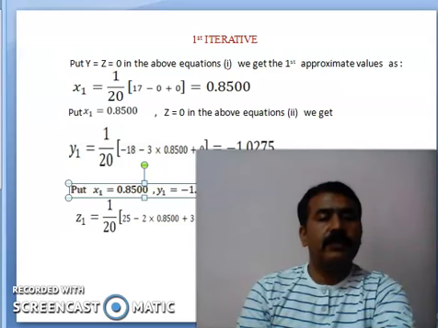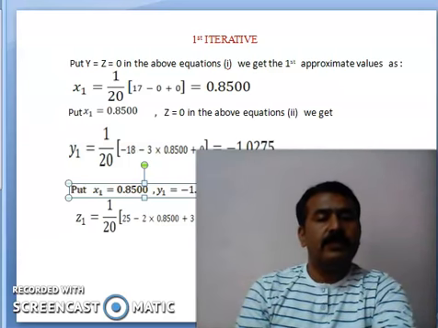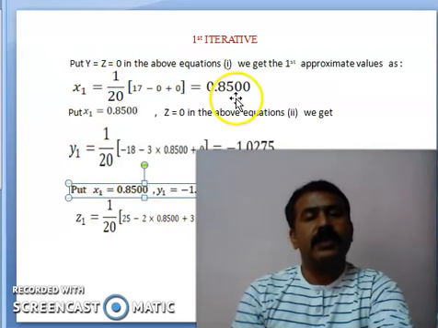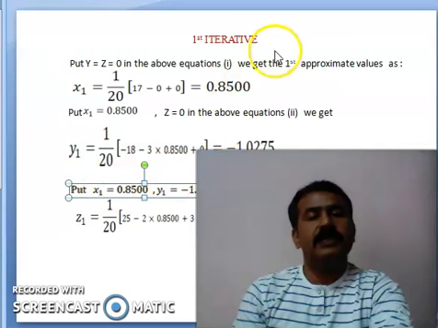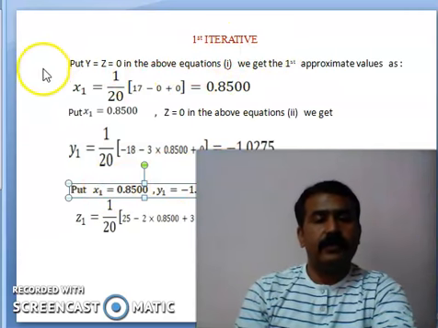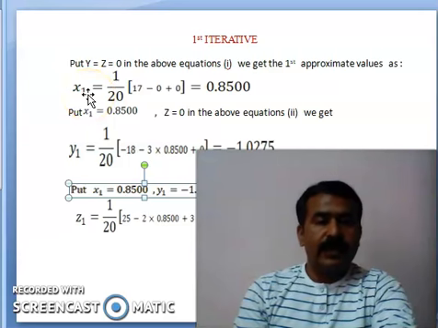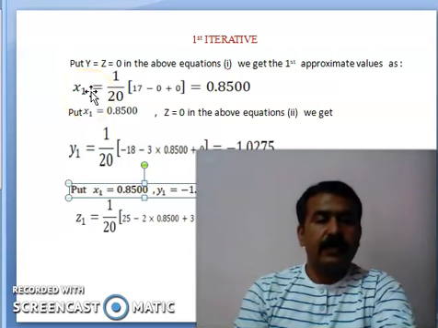We get z1 equal to 1.0109. So this is the process I already discussed in the working rule. This gives the first approximate values of the problem: x1, y1 and z1.